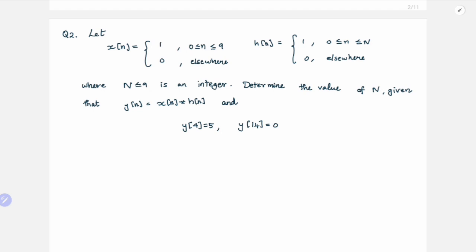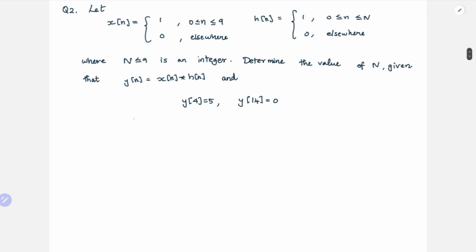Determine the value of N given that y of n is equal to x of n convolved with h of n, and y of 4 is given as 5 and y of 14 is given as 0. So you can see both are like square pulse kind of functions, right? So let us try to plot them. So we have 1, 1, 1 and so on up to 9, 0 to 9. So 10 units total.